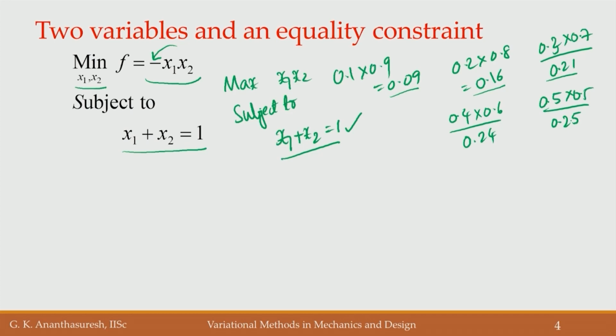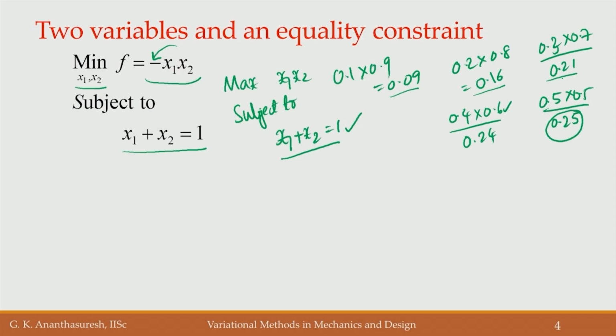Then 0.6, 0.4 will be the same, then 0.7, 0.3, 0.8, 0.2, 0.9, 0.1, and then 1, 0. Among all of these you see that this is the largest. So, we can see that there is a way to solve the problem, but we are trying all possibilities.